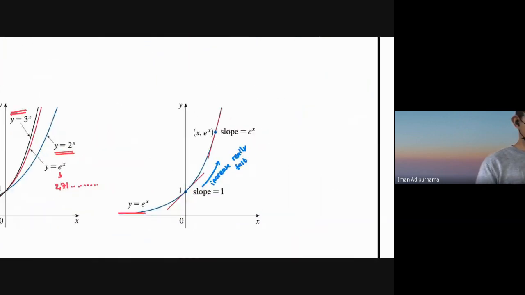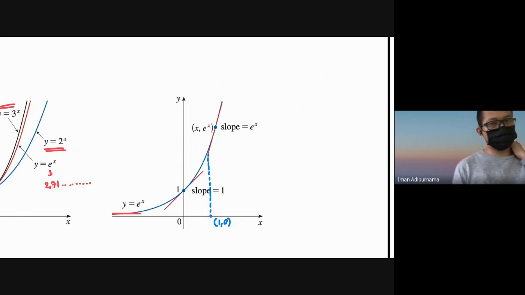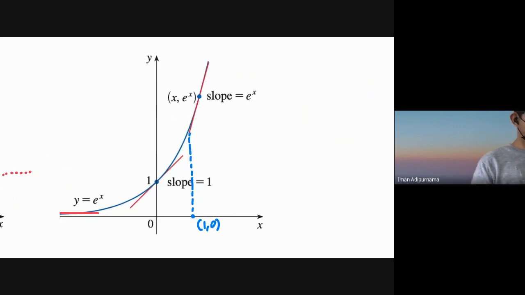If we look at the graph here, let's say we have 1.0. Let me erase this part. Let's say we have 1.0, maybe here is 10. Y at 10 is e, right?